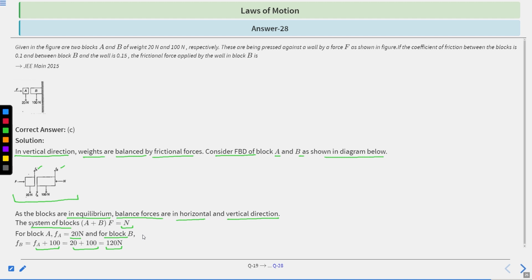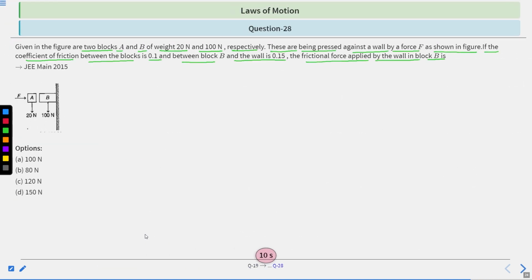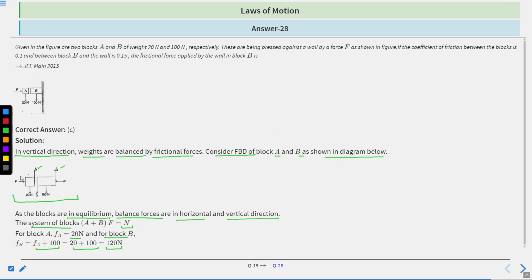So the correct answer is 120 Newton, option C is correct. This is the solution of question 28.